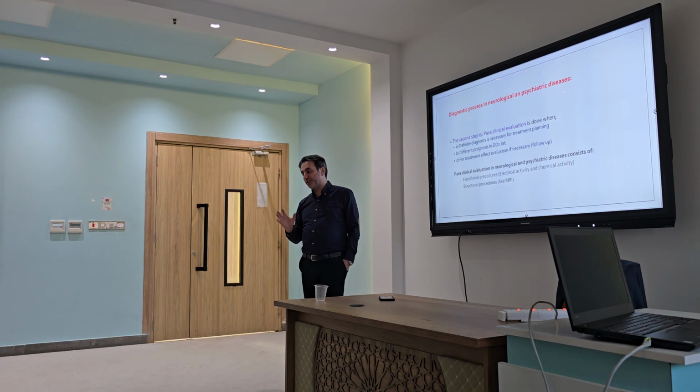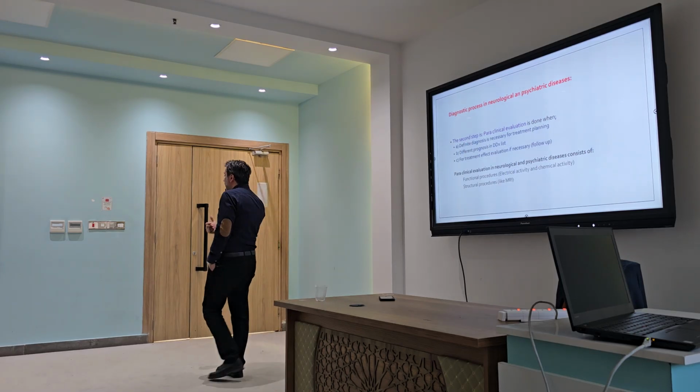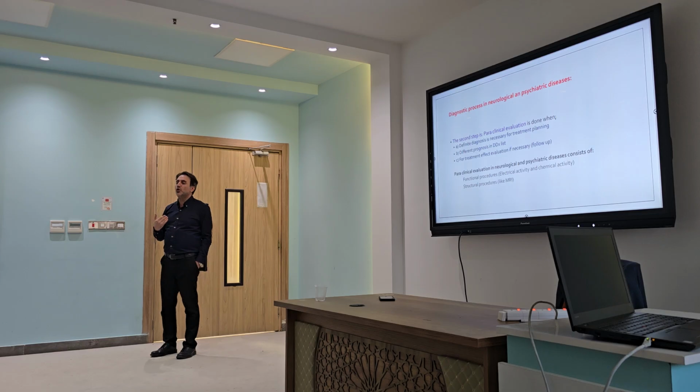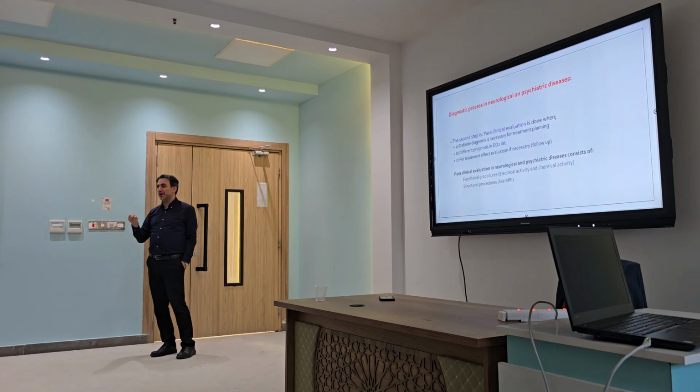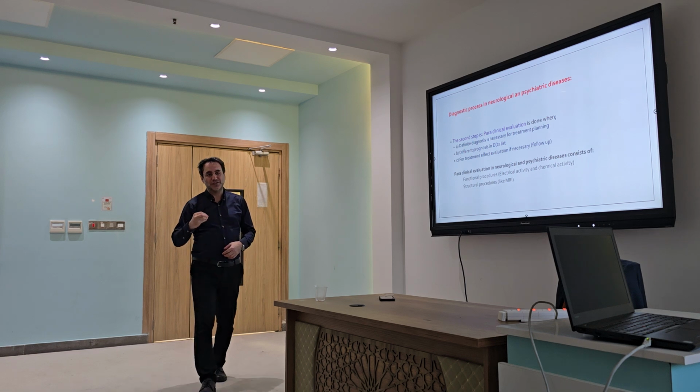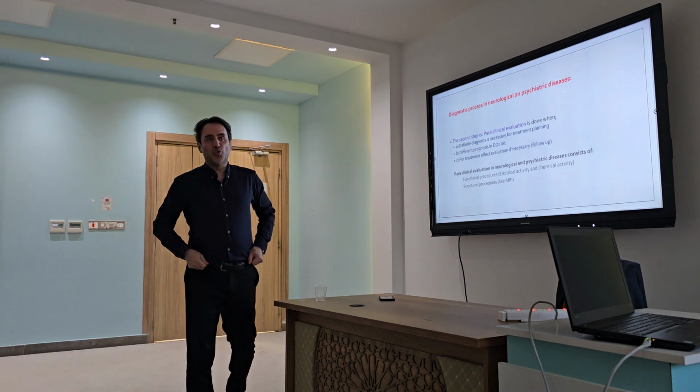So, first, you should know what paraclinical processing is, and when you go through it. When you have a differential diagnosis with different treatments, you will go through paraclinical assessment, including MRI, CT scan, functional MRI, and EEG.